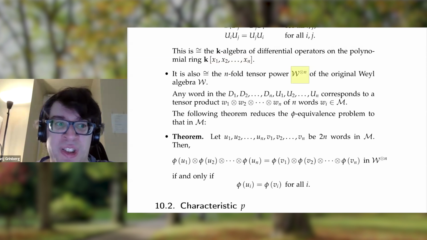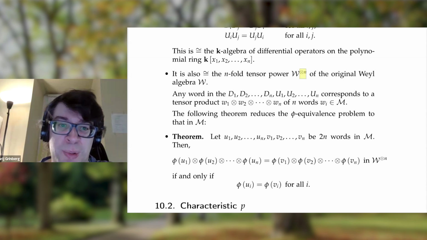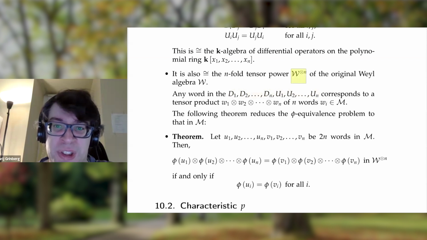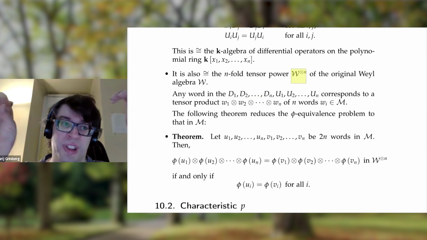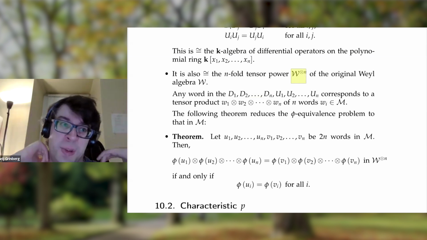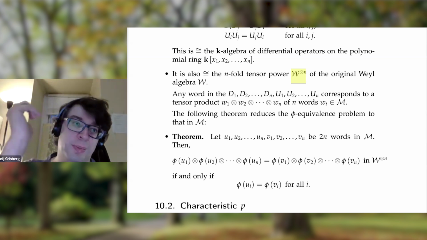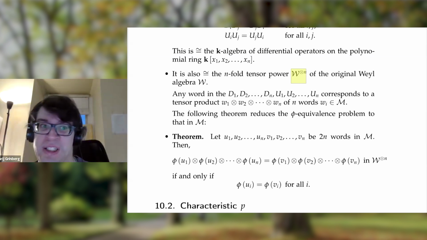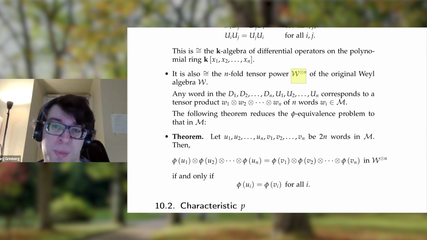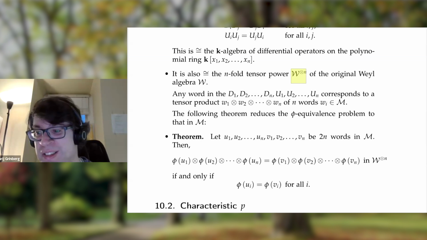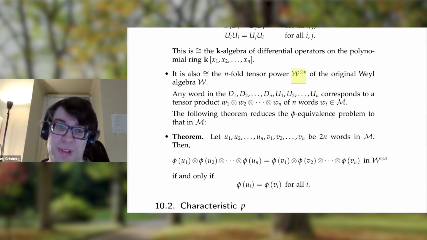This multivariate Weyl algebra is simply the tensor product of n normal Weyl algebras. And correspondingly, every word in the multivariate Weyl algebra is just a tensor product of words in univariate Weyl algebras. And if you want to check when two words are equivalent, well, you have to check it factor by factor. So in every concrete i, they have to be equivalent. This is not obvious. It requires a bit of thinking, but it makes the criterion obvious. The proof is maybe not.